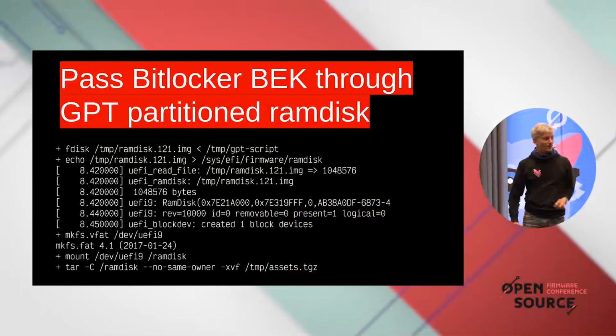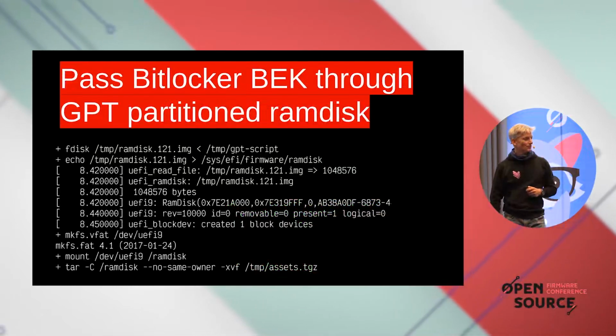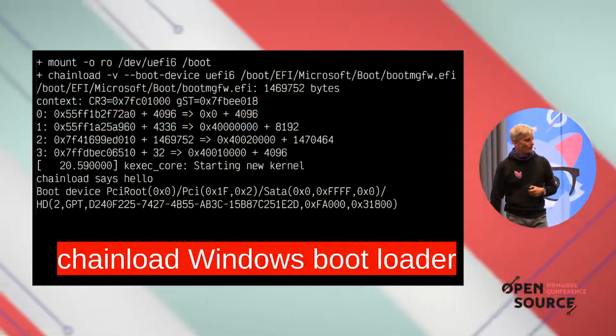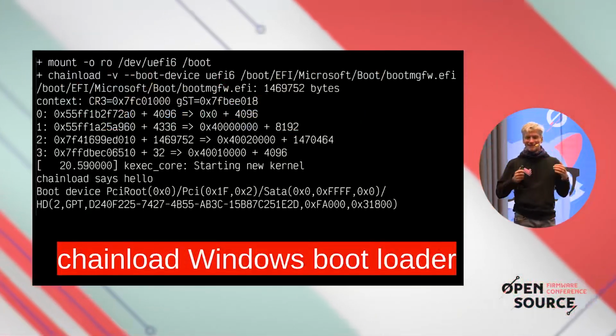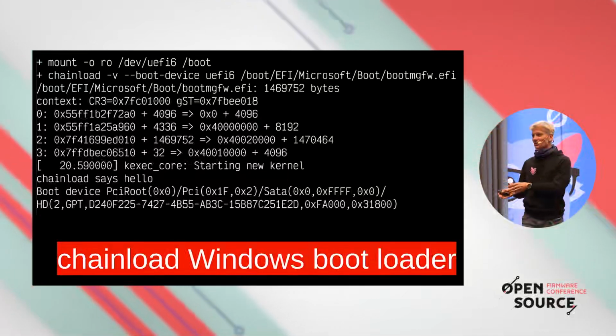Yeah, and then we pass that result through the RAM disk to Windows, which we then chain load into the bootloader. And this chain load tool uses kexec, but it's not actually kexecing something new.